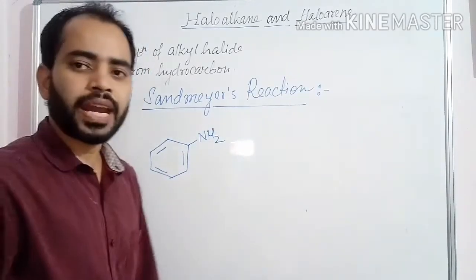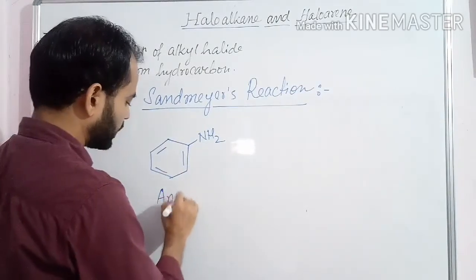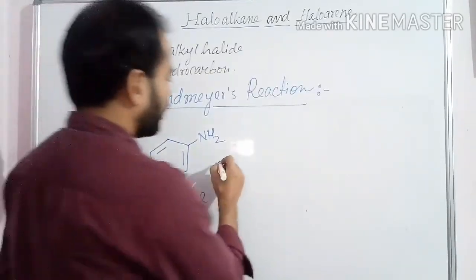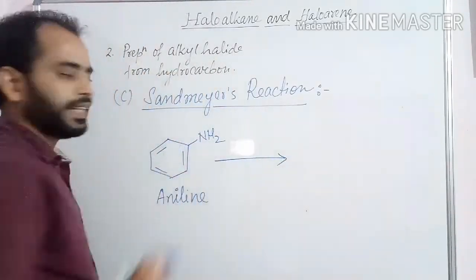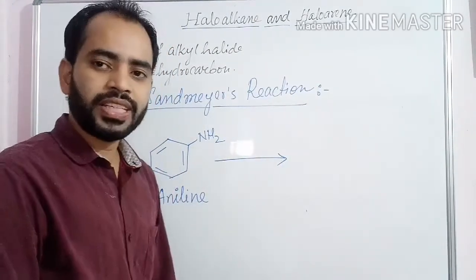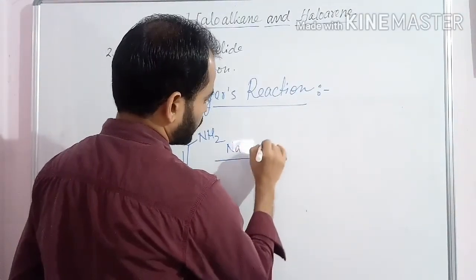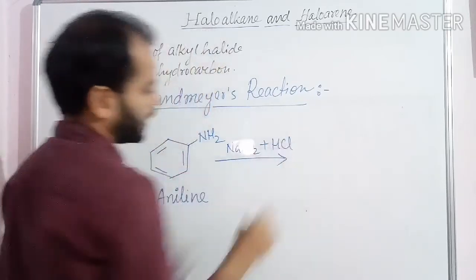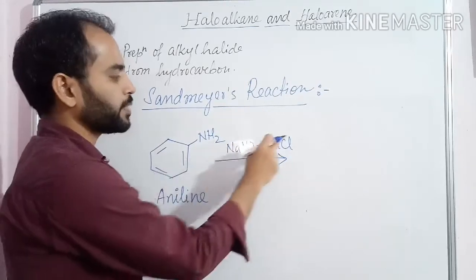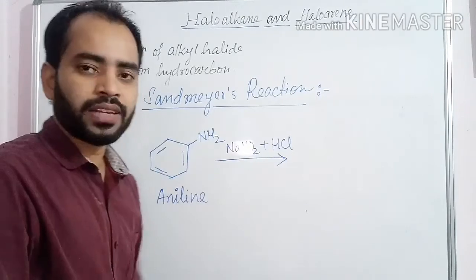this is a primary amine, called aniline. Now, when aniline is present in HCl and we treat it with sodium nitrite, NaNO2 plus HCl, this original primary amine present in the acid reacts with sodium nitrite.